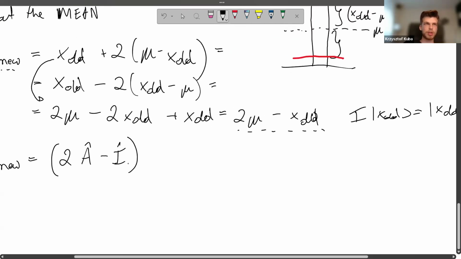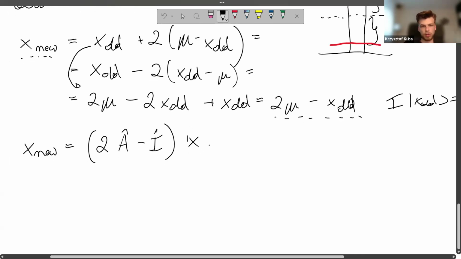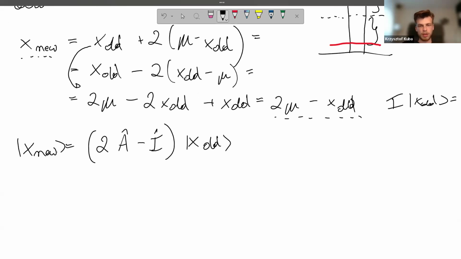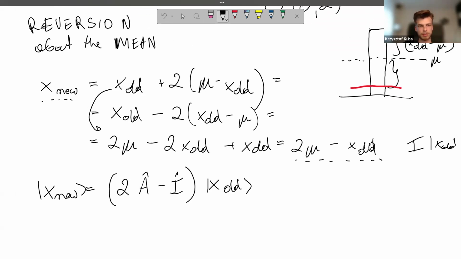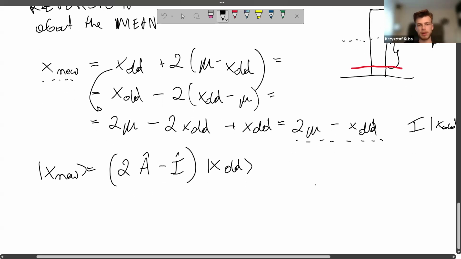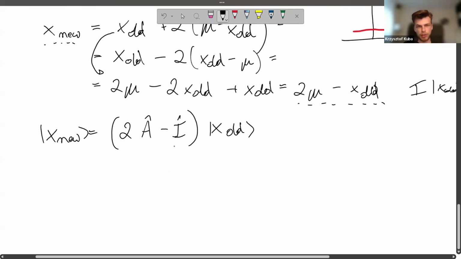So this matrix should be applied to x old to obtain x new. This is the classical way of subtracting the mean, but now we have to create a quantum analogy, a linear algebra analogy, and this is the operator we would like to construct, and then deconstruct further into quantum logic gates.